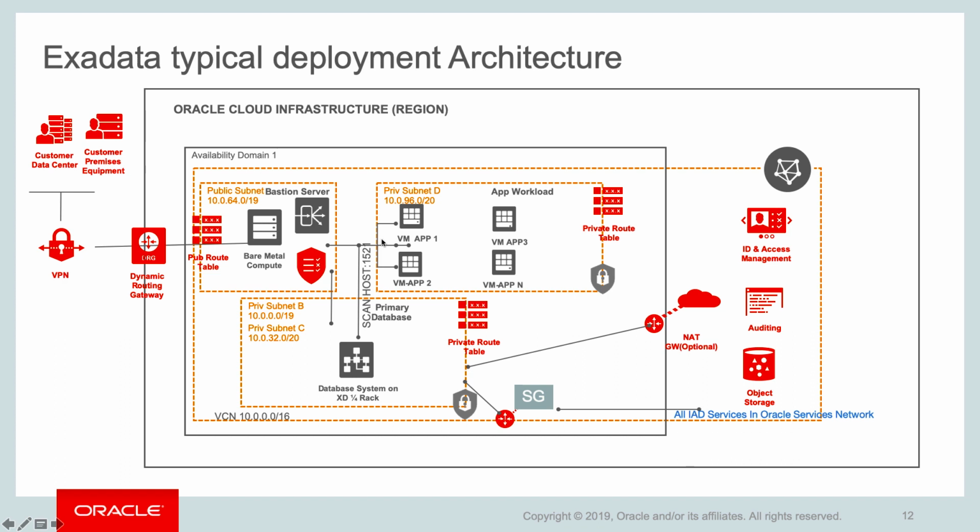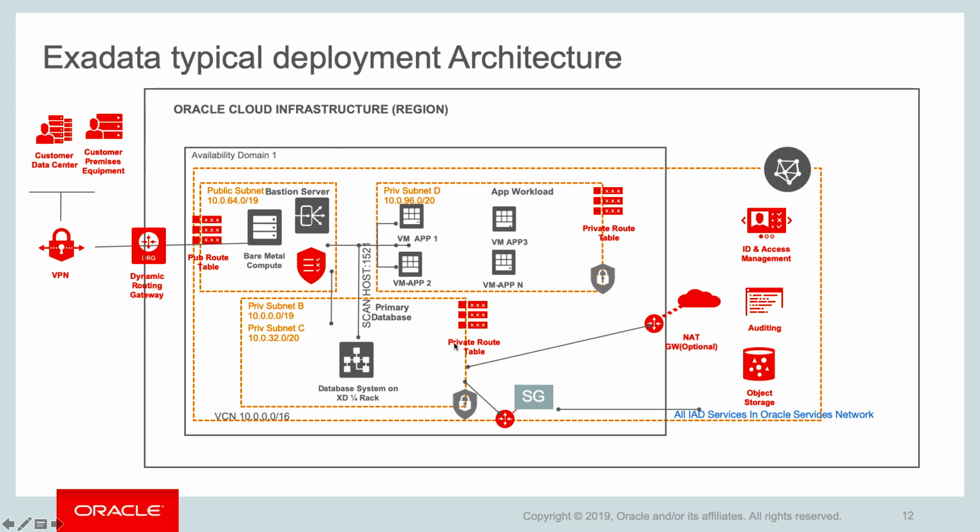If you notice here, I have private subnets which are created for my applications as well as for databases. These private subnets can be used for deploying several VMs, and they can talk to the Exadata database system securely, which is also hosted on a private network.